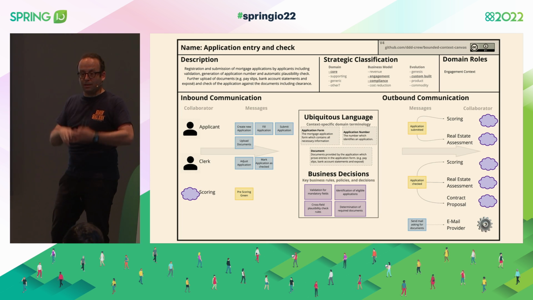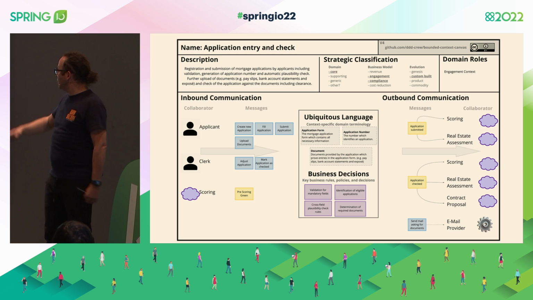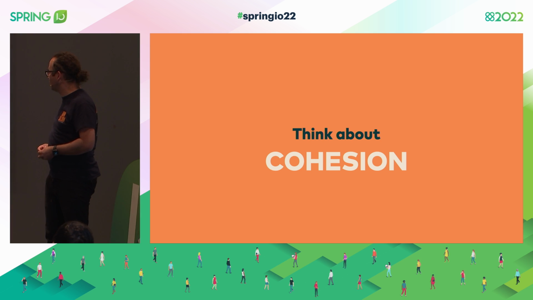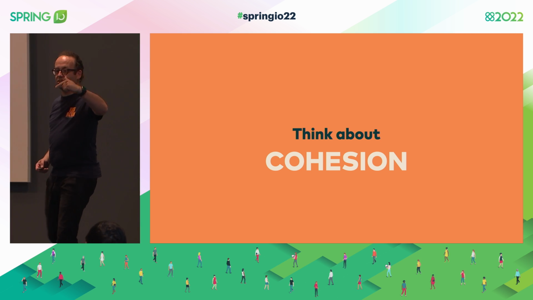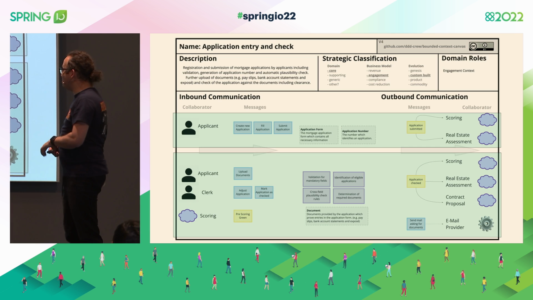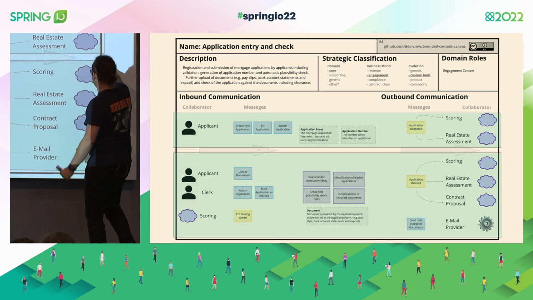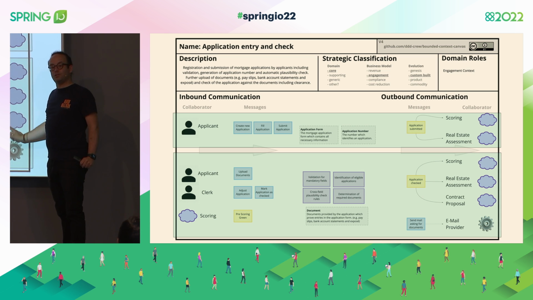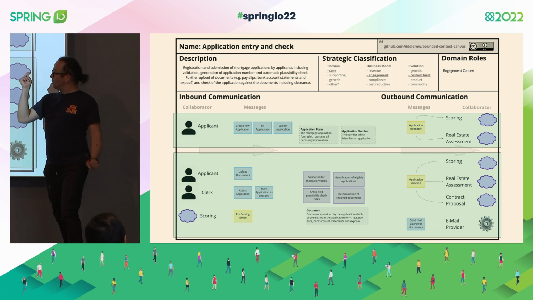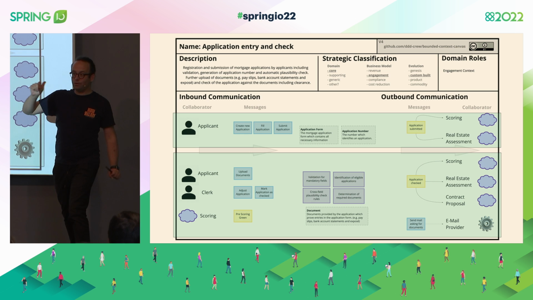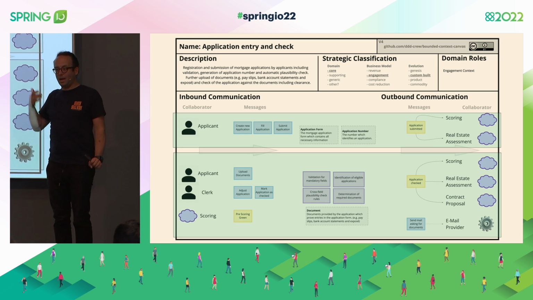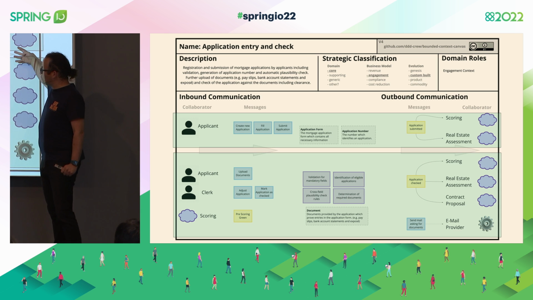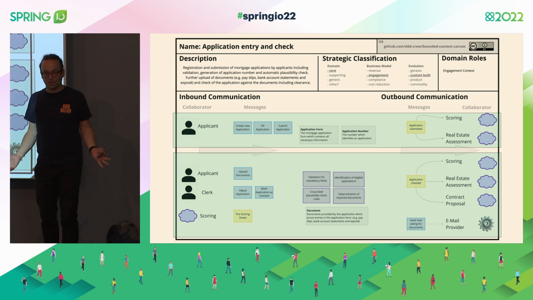The domain message flow example, which I've shown you before, can look like that in a bounded context canvas. And now think about cohesion. You can run a next check on your modularity. Maybe you can dissect certain swim lanes where you have a strict separation in terms of inbound communication, language, rules, outbound communication. If you identify that, you may have a good candidate for splitting this context up into two contexts.